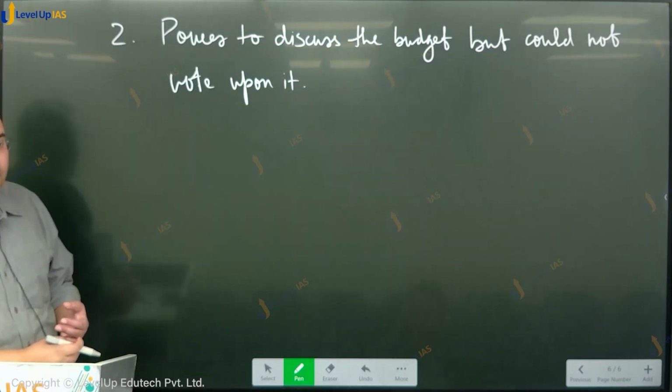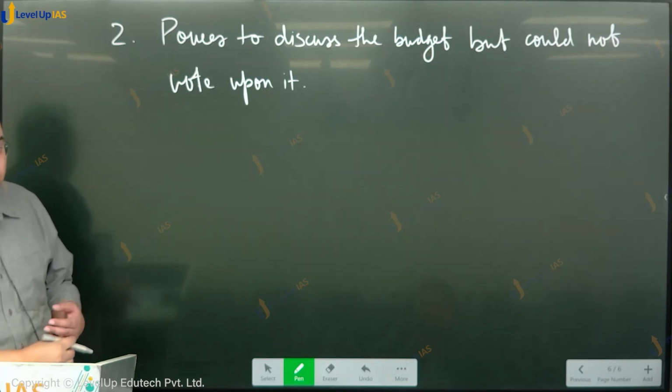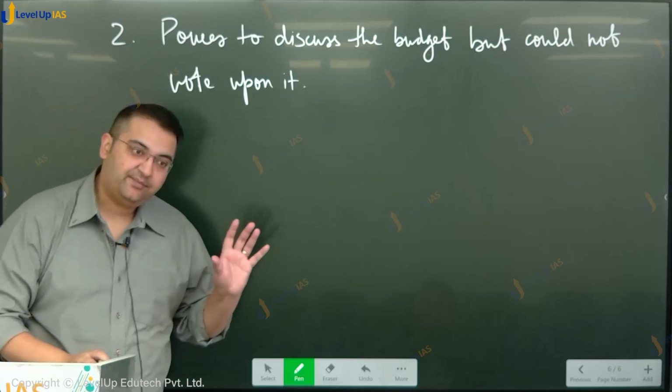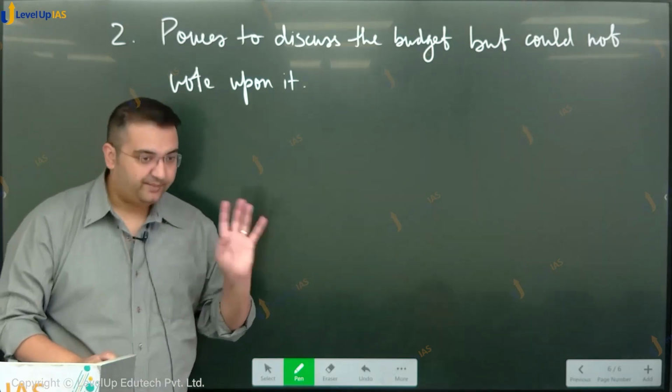What was their maximum power with regards to the budget? They could simply suggest amendments to the budget. वो amendments खुद ला भी नहीं सकते हैं, amendments केवल recommend कर सकते थे.